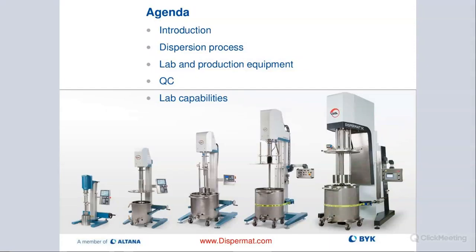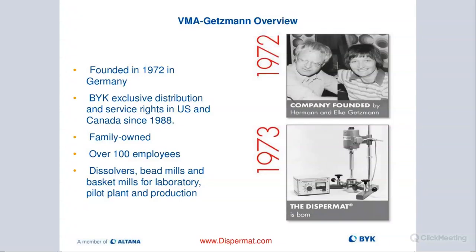We want to cover some QC capabilities and then talk about our fantastic laboratory in Wallingford, Connecticut at BIC USA, where you can come and visit us and bring your material in to do trials on our machines, a trial-before-you-buy scenario.